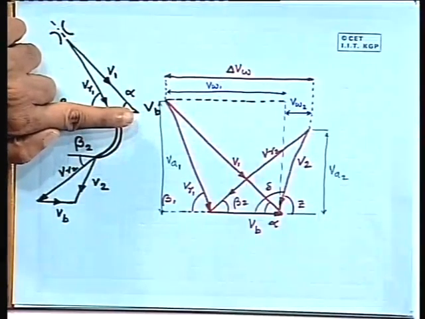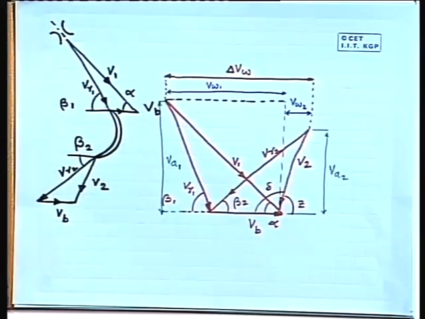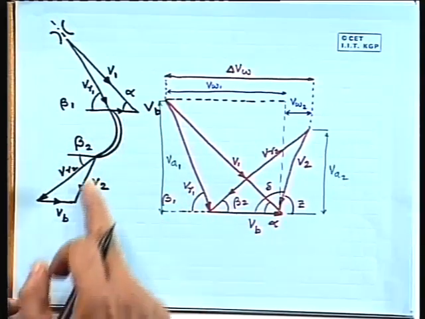So, change of momentum in the tangential direction means, again let us go back to this basic diagram. Here steam is entering with a velocity v1, it will have a component in the tangential direction, this is the tangential direction. So, v1 into cos of alpha in this direction.